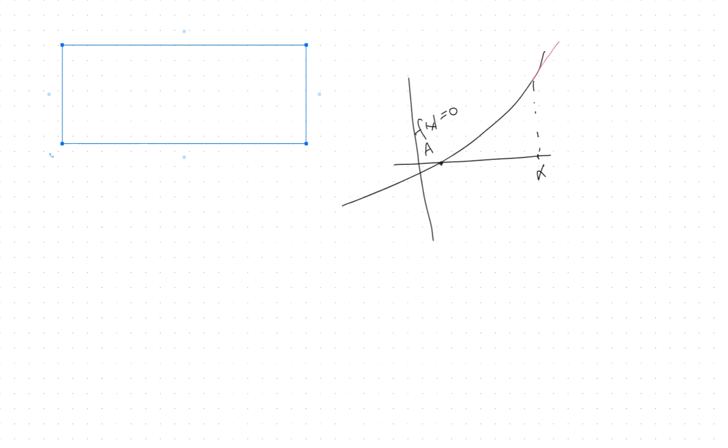So at alpha, we find the tangent line. This tangent line is going to cut the axis, let's say, at the point beta. As we can see here, the distance from alpha to A is larger than the distance from beta to A, which means that we're getting closer to it.